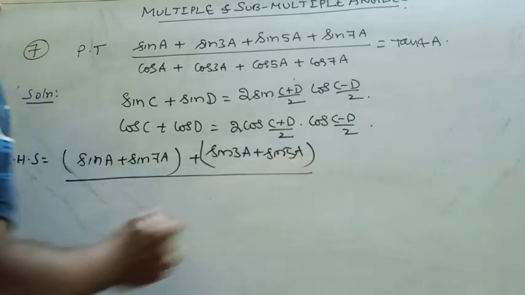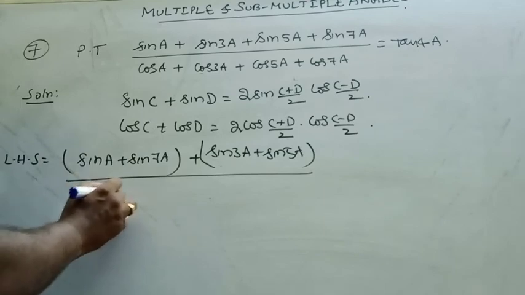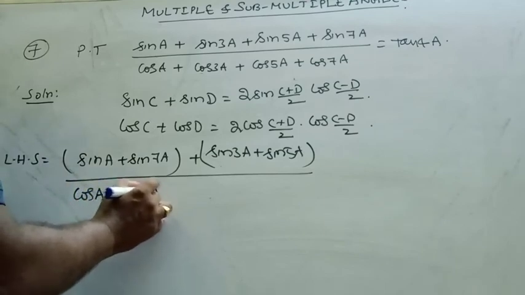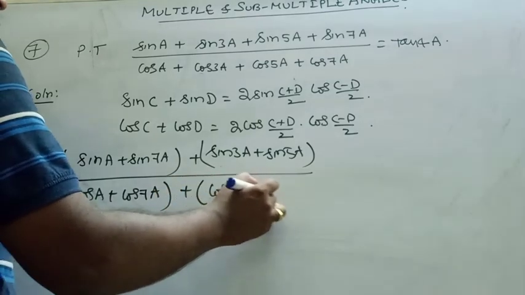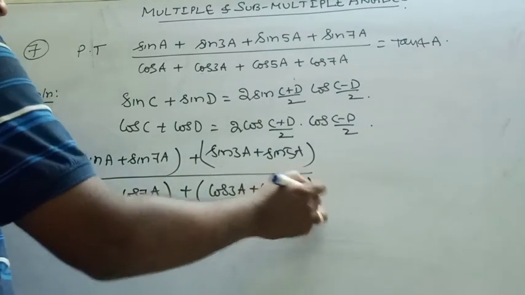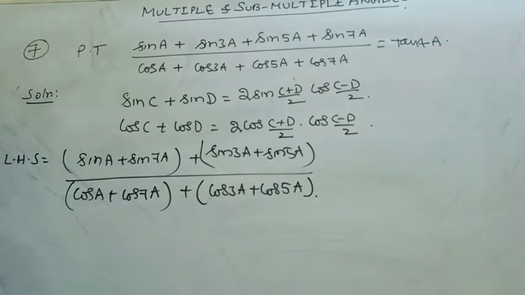Whole thing divided by cos a plus cos 7a plus cos 3a plus cos 5a, like this. See, fine. This is like this we have combined, my dear students.